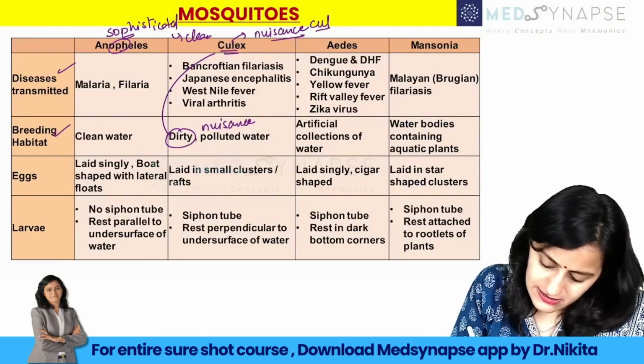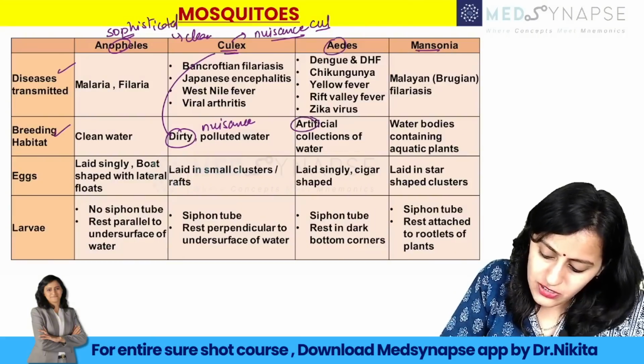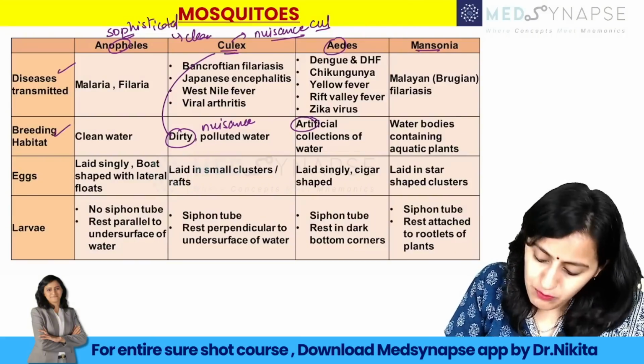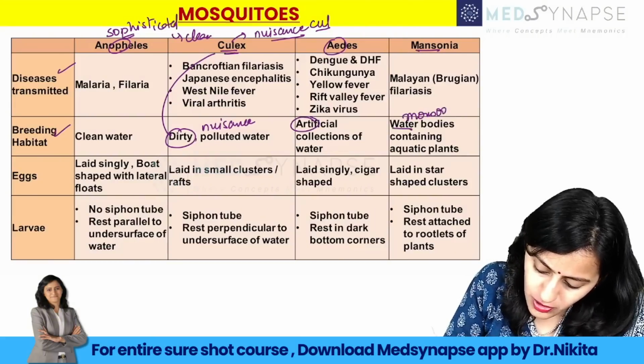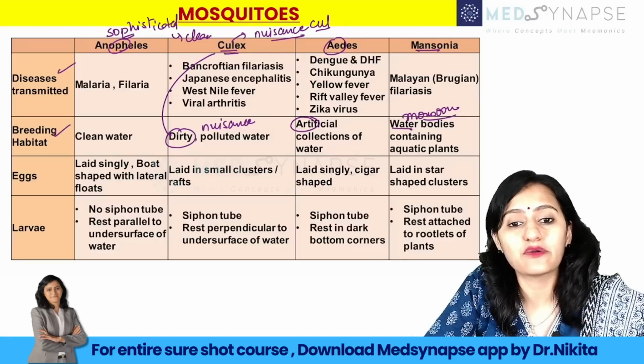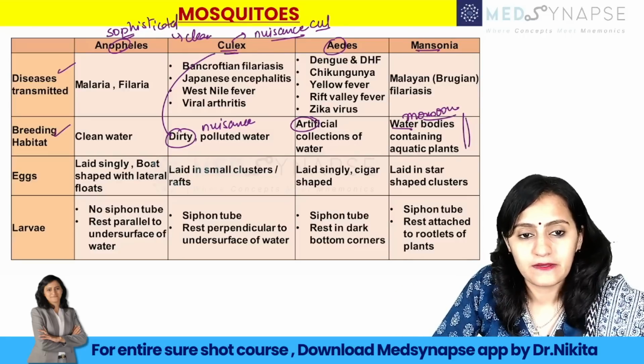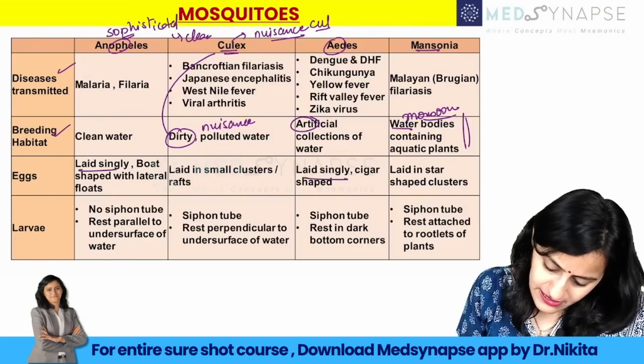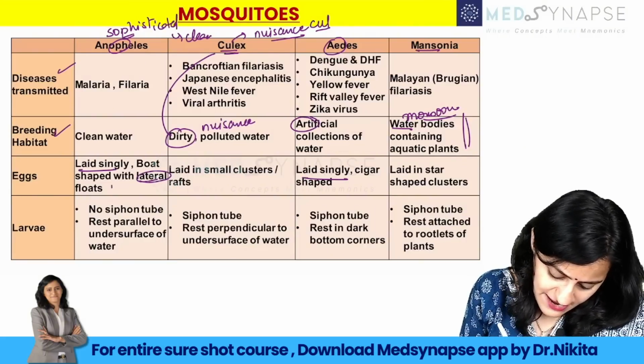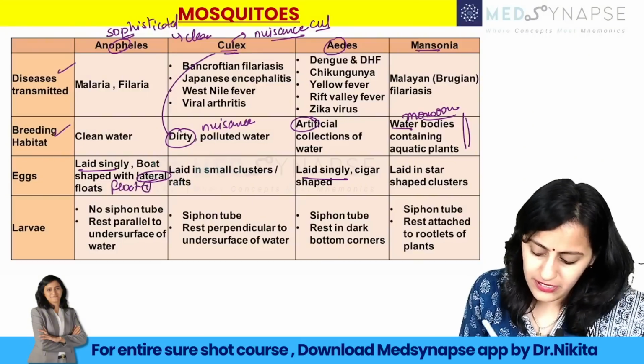Aedes is artificial containers. Mansonia likes monsoon, water bodies containing aquatic plants. This is where you will see the Mansonia. Eggs are laid singly in Aedes and Anopheles. There are lateral floats in Anopheles.